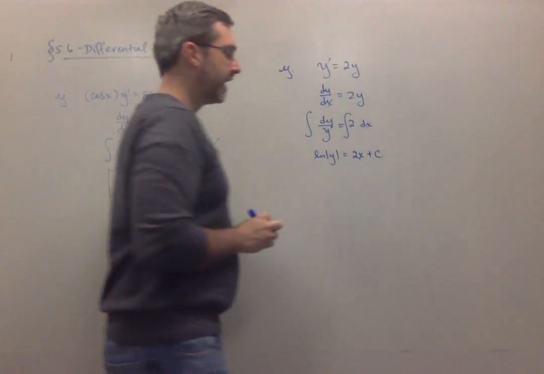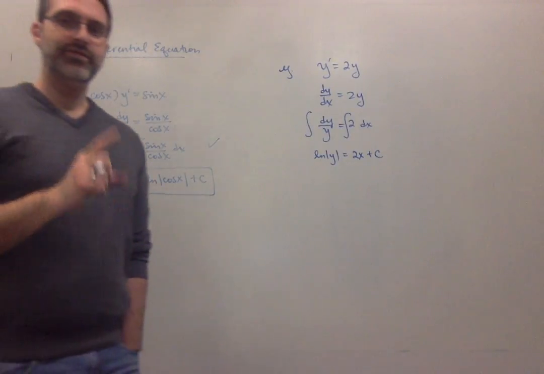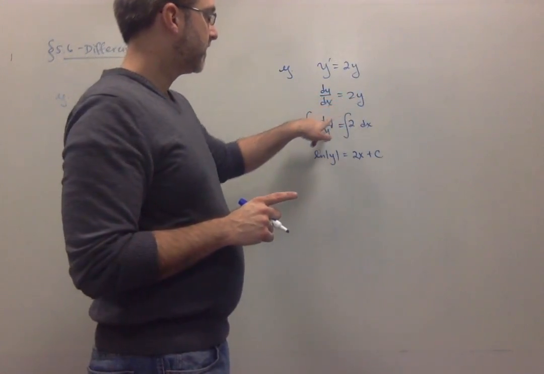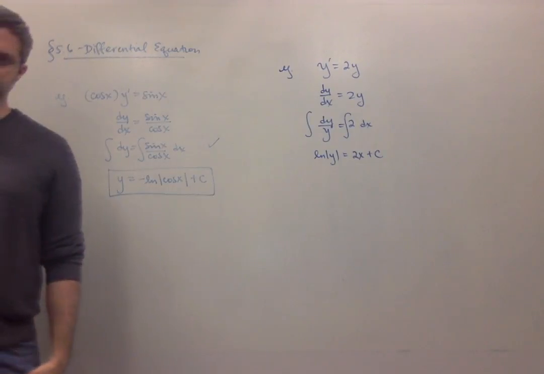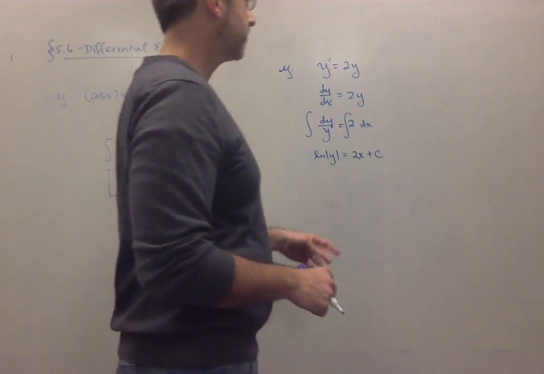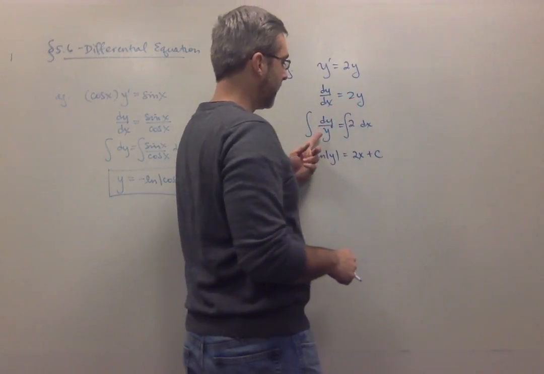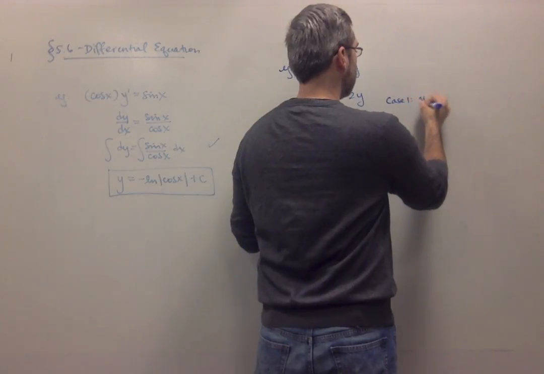Now, I kind of did something wrong already. And kudos to you if you catch it. When you divide by something, you have to be super careful that that something is not 0. So what we actually have to do is take two cases here. If we're dividing by y, we first have to take the case y equals 0.